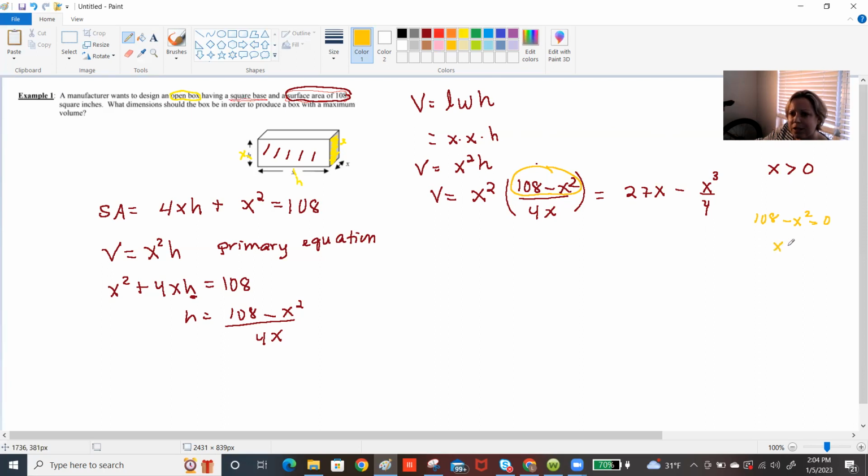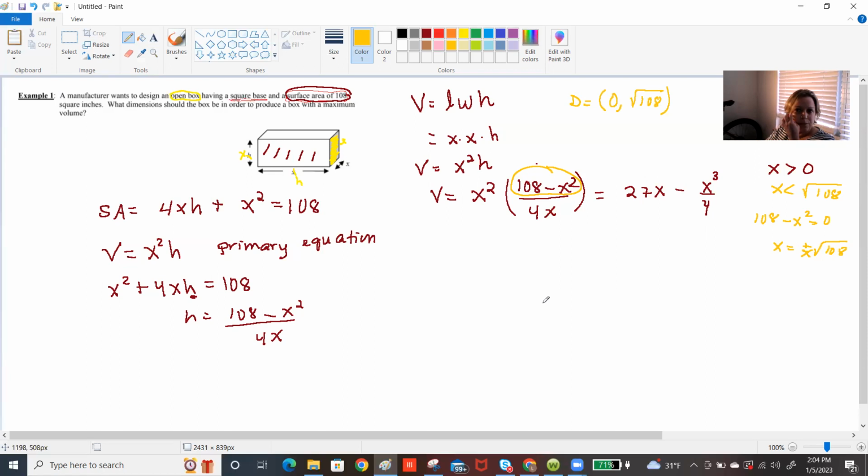I solve this, and x equals plus or minus the square root of 108. We cannot work with the negatives, so the largest possible value for x is the square root of 108. We're not going to include it, because if we did, the height would be 0 and there's no box. So the domain is between 0 and the square root of 108.